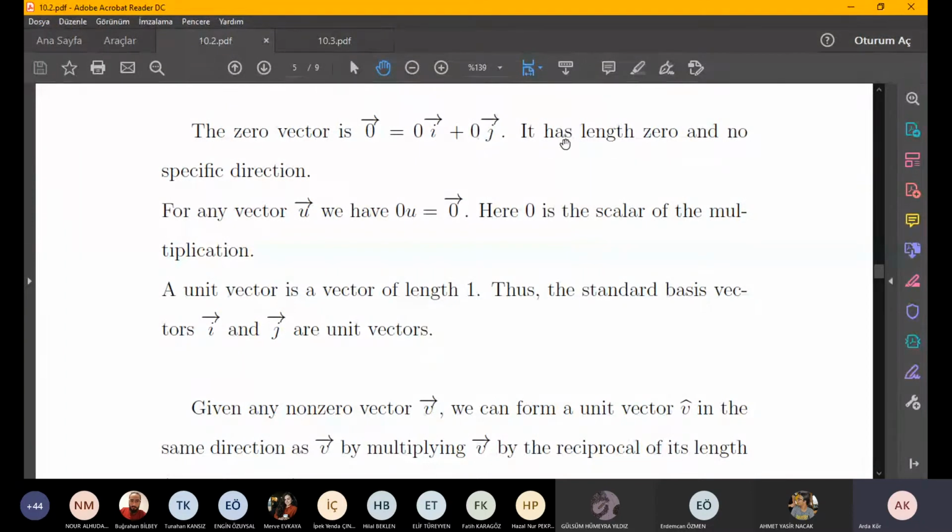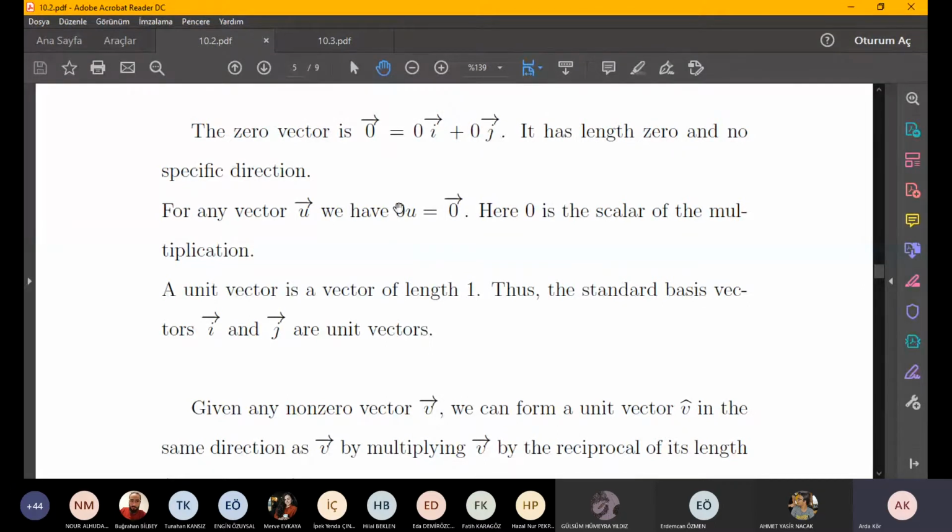For any vector u in two-dimensional space, there should also be an arrow above that u, since it is a vector. So 0 times the vector u is equal to the zero vector. Here that 0 is the scalar of the scalar multiplication in two-dimensional space.